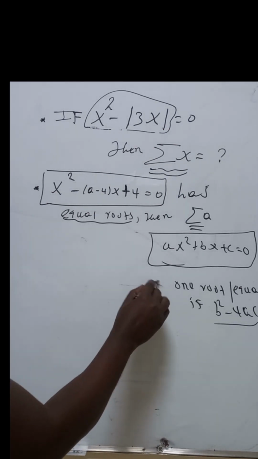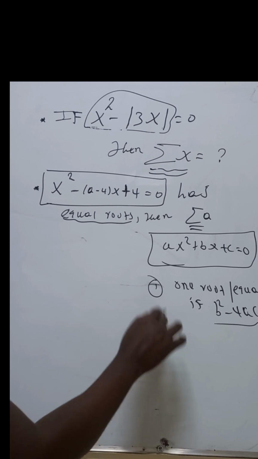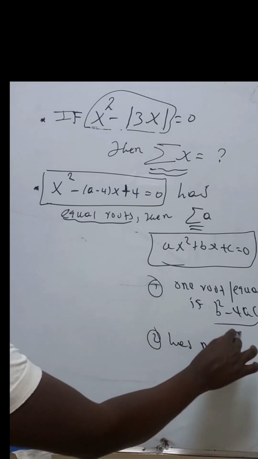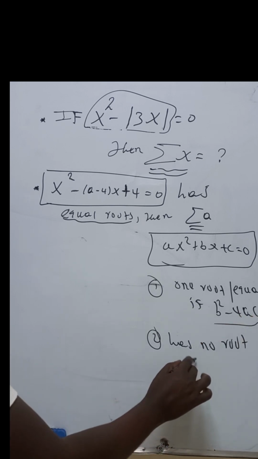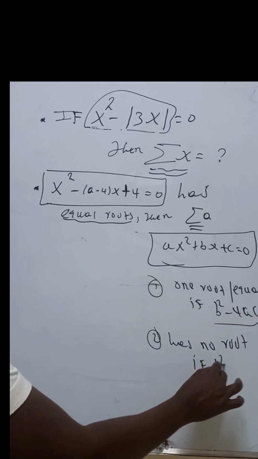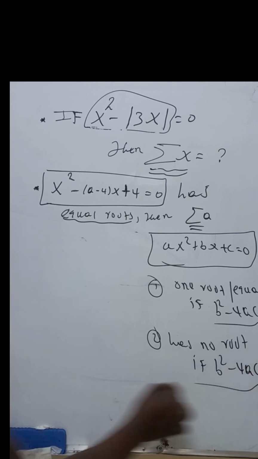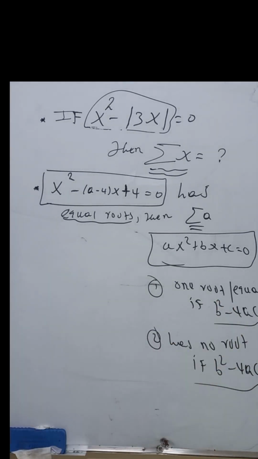For the second case, this problem has no root. This problem will not have any real root if the discriminant b squared minus 4ac is less than 0.